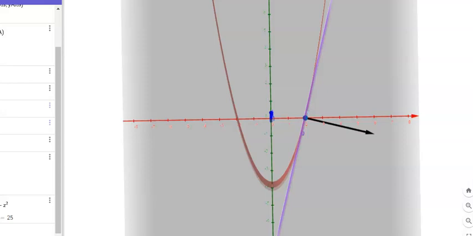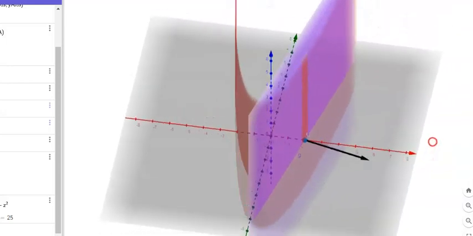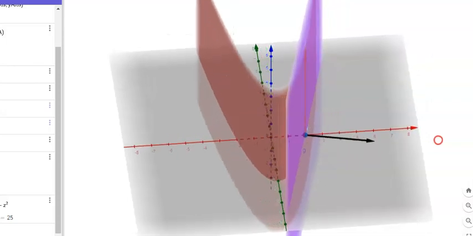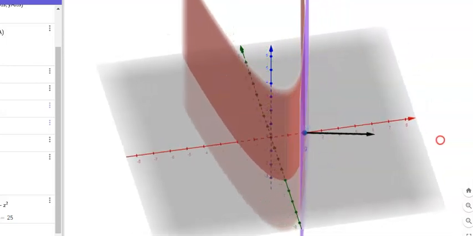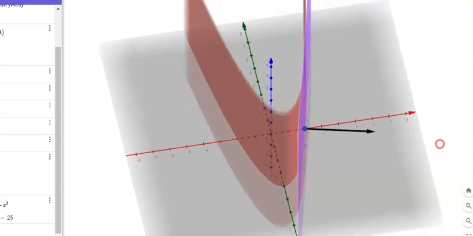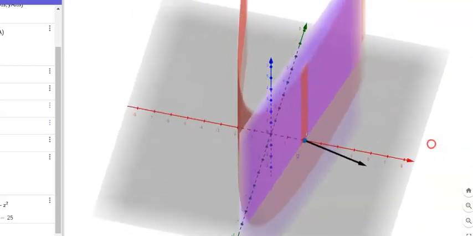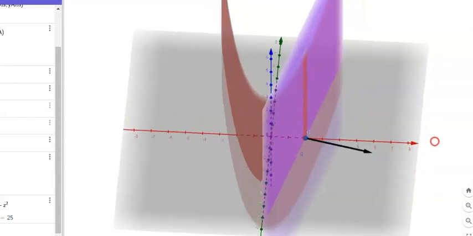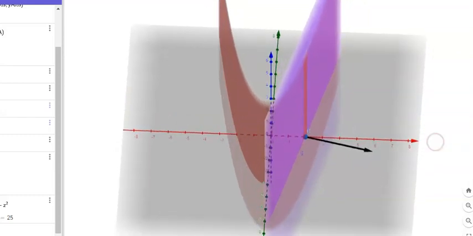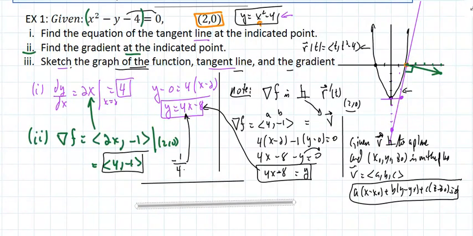Now, if I tilt this a bit, guess what? The line is actually the tangent plane to the curve. And the gradient is always perpendicular to the plane. In 3 dimensions, it's a plane. In 2 dimensions, it's a line. So when I go back to this, this is 3D, but this is the 2D of it, and that's why this works.